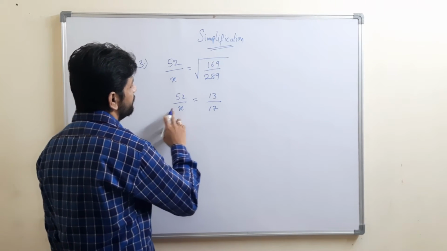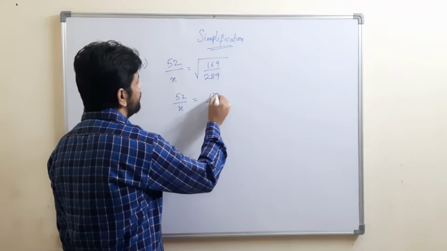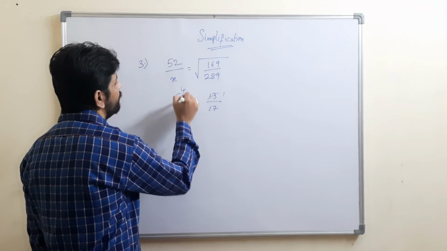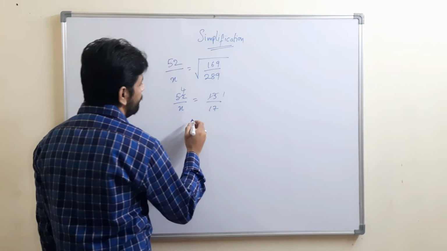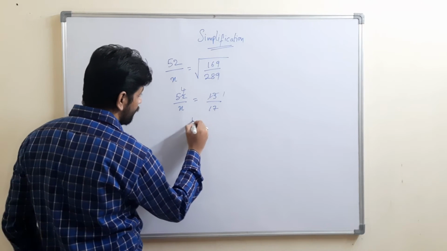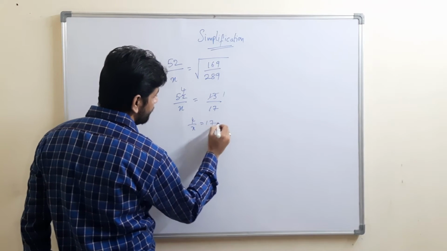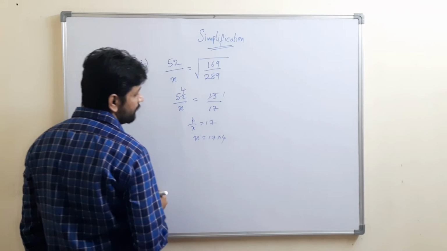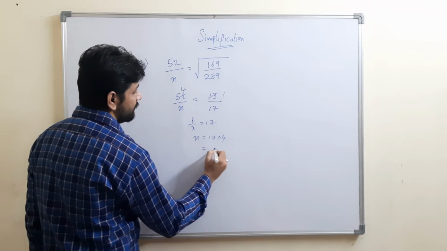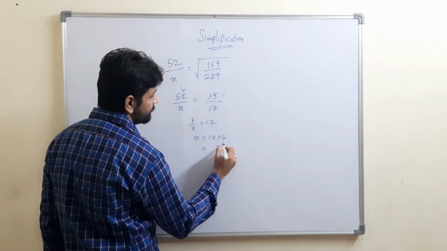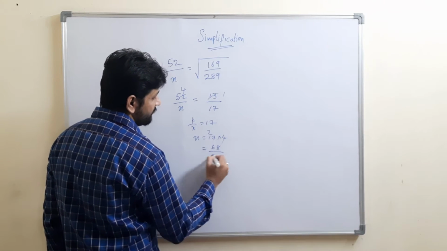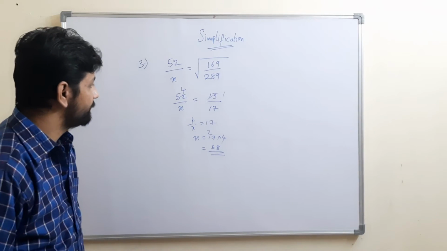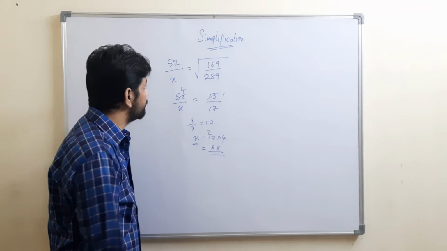So just cancel: 13 ones, 13 fours. So 4 by x equals 1 by 17, that means x equals 17 into 4, which is 68. 68 is the answer for x.